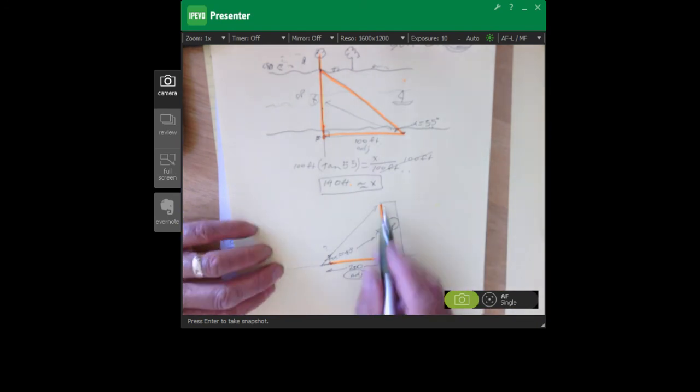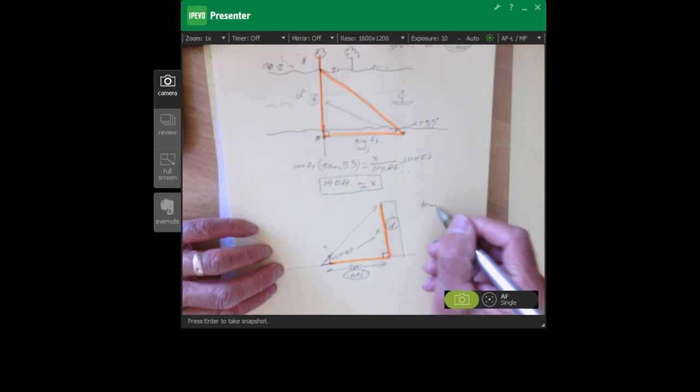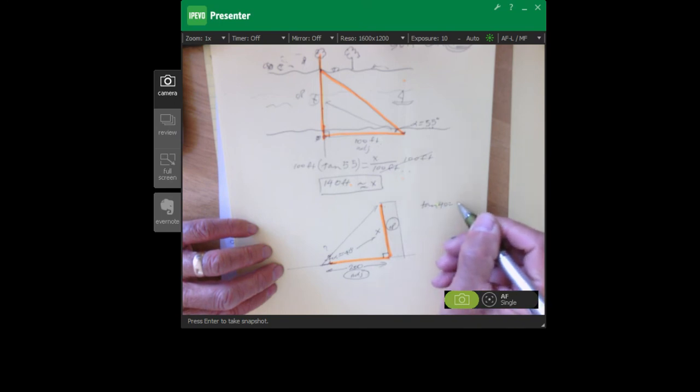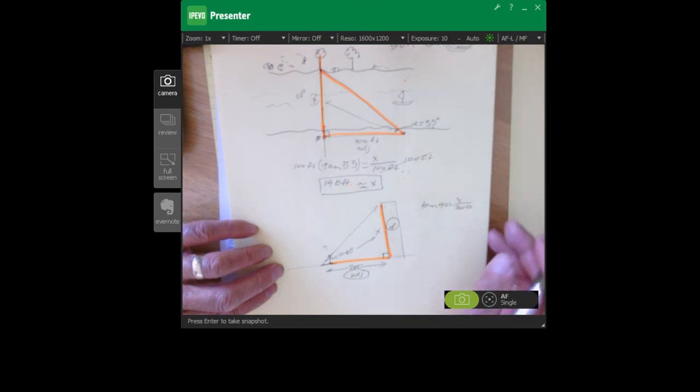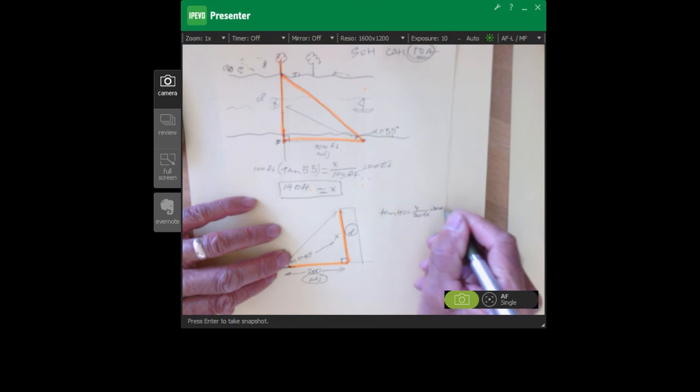So this problem would be done exactly the same way that we did the others. So we would end up with tangent 40 equals x over 200 feet. And then you multiply both sides by 200 feet.